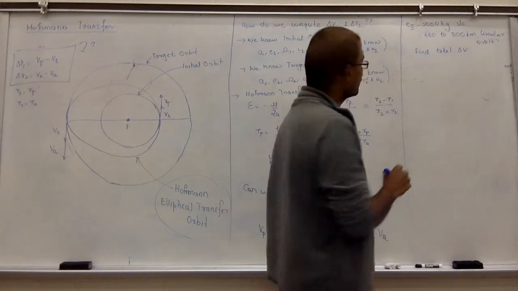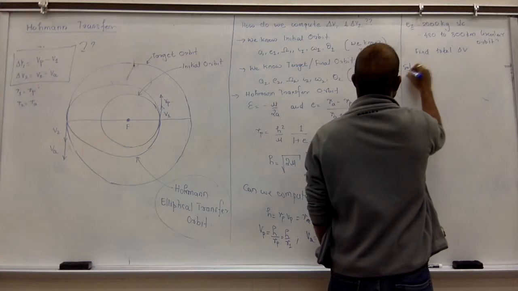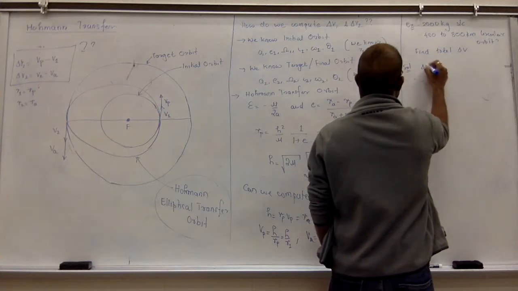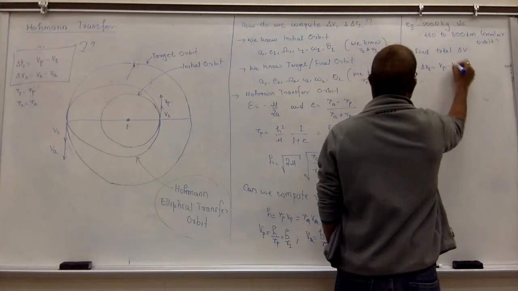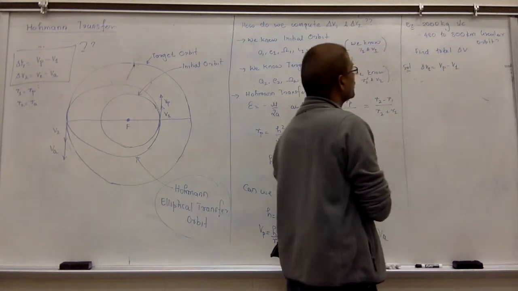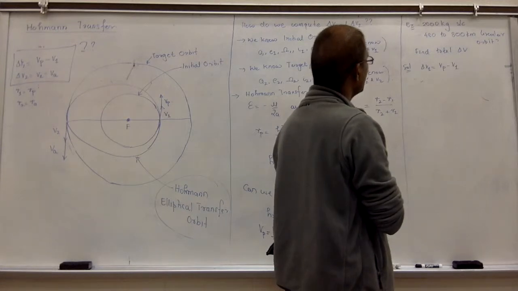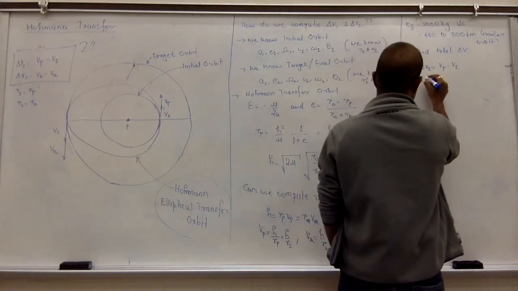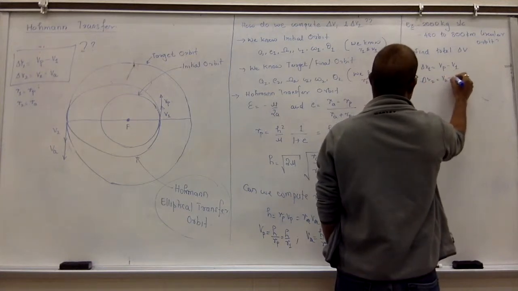How do we calculate delta V1? The solution: delta V1 is VP minus V1, and delta V2 is V2 minus VA.